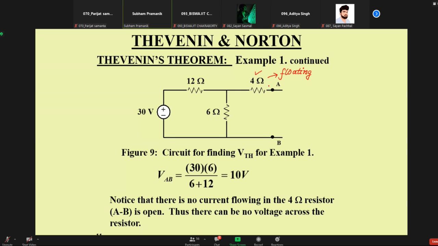As this 4 ohm is floating, it is not a part of a closed path, so there should not be any current. Whatever you are measuring here, the open circuit voltage, you can write as VAB, or as you are applying Thevenin's theorem, as VTH. All of them are the same thing. Anyway, this VOC is actually appearing across this 6 ohm. Understood?